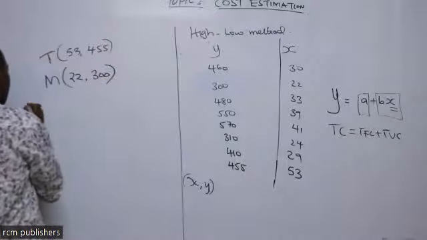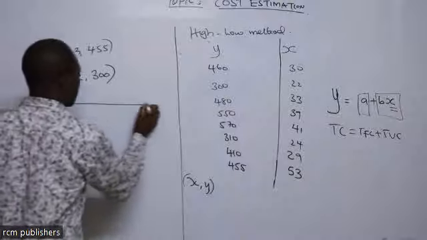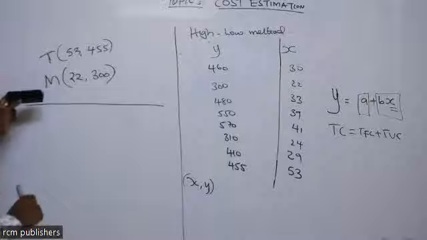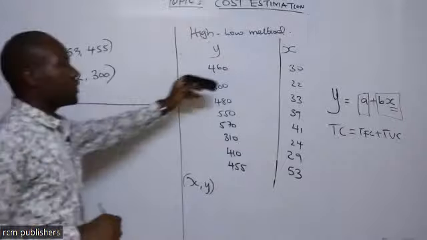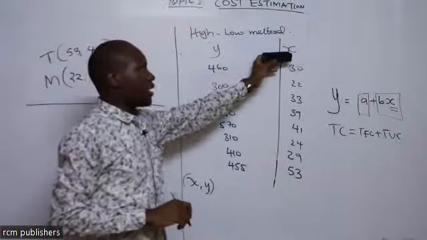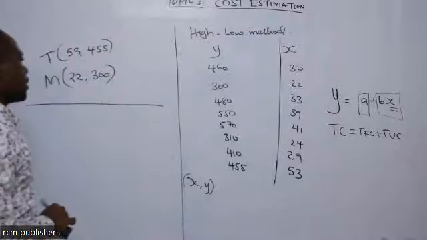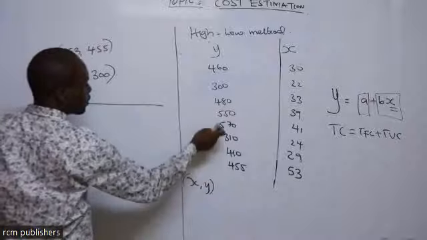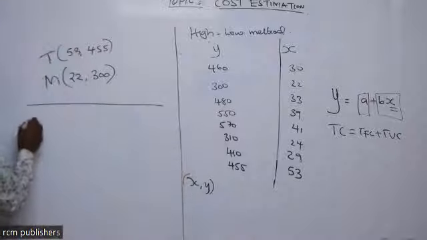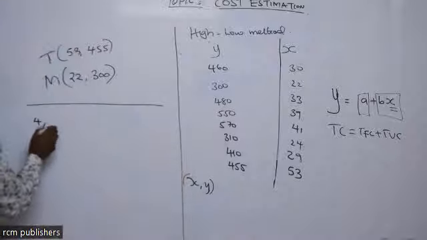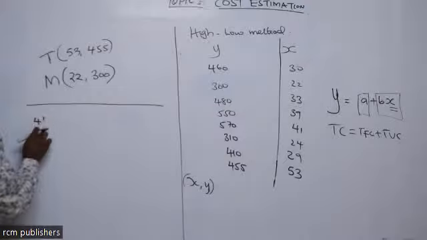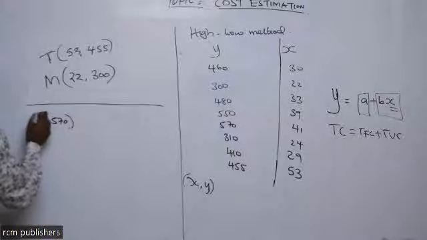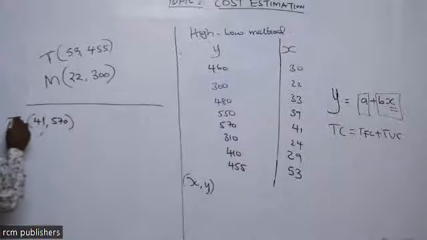So that is set A, of somebody who considered the highest and lowest value starting from the x side. Another person will say, okay, the highest value in this place here is 570. So they take 41, 570. They call it T, that is the highest.